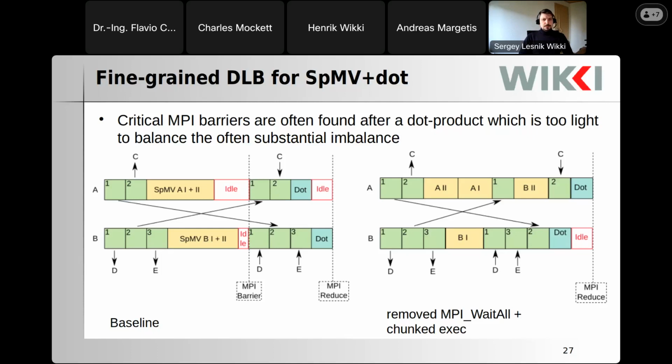So you would like to send something. The yellow stuff is computational work, in this case the SPMV. There is some idle time. There is some computational work with the dot product right at the end before the MPI reduce. So first thing I tried was to parallelize the dot, because that is trivially easy to parallelize.